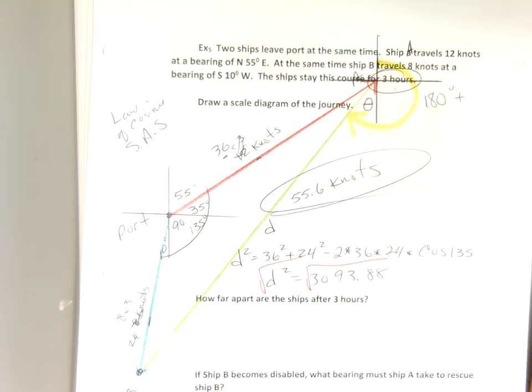We can get this angle, whatever it is. We can subtract 55 and we'll get that angle. We know that this whole angle is 55. If I can get, we'll call it angle A, if I can get angle A with the law of sines, I'll subtract 55 from angle A and I'll have theta.